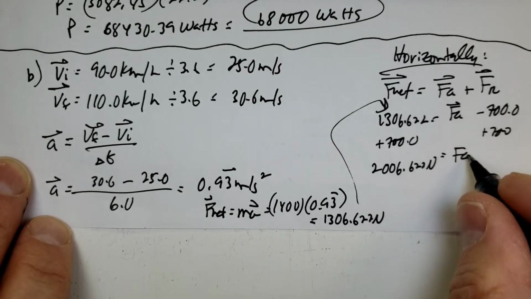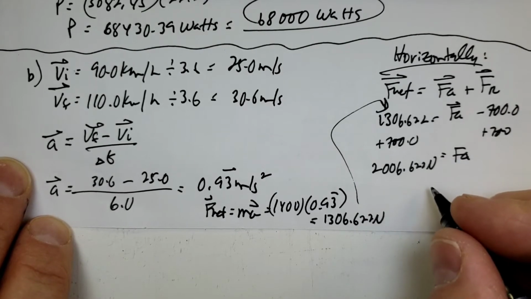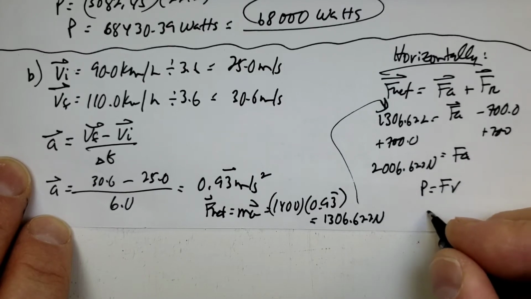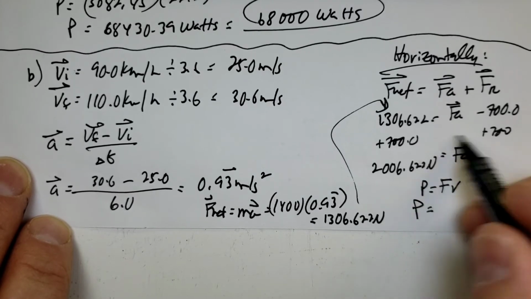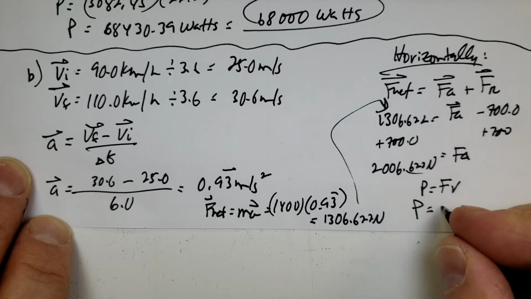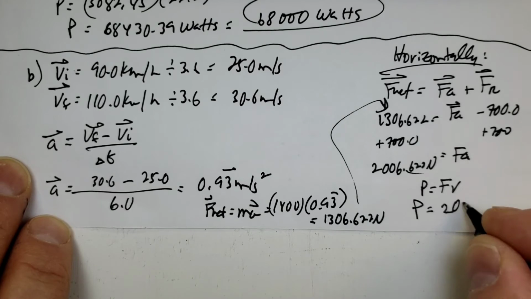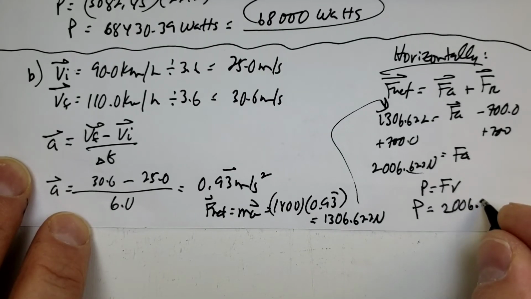Then again, I have my applied force. Power is equal to force multiplied by V. So the force that I need to apply to get a net force of 1,300, of course, I have to apply a lot more because some of it is getting used up due to overcoming the friction forces.